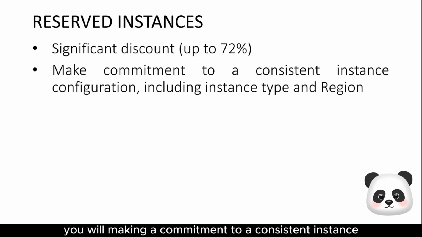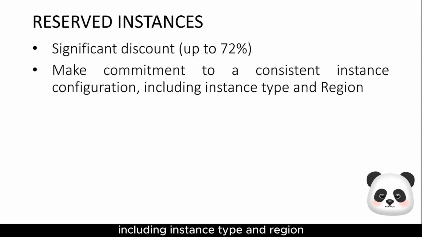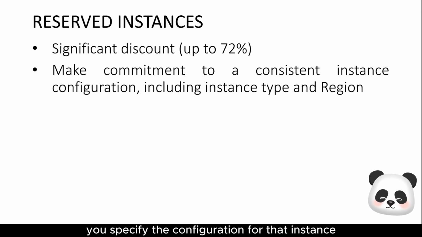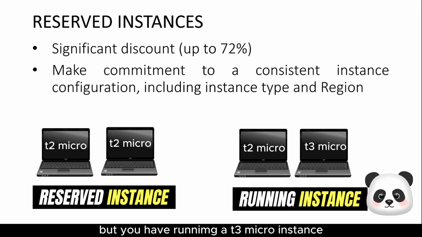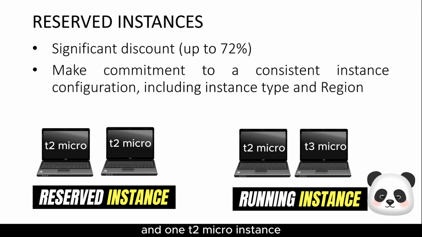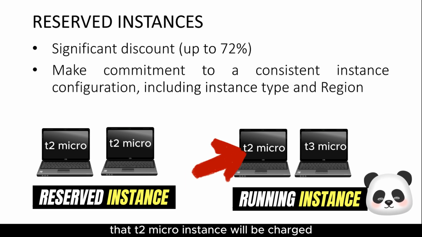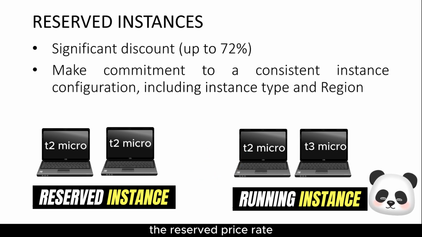You'll be making a commitment to a consistent instance configuration, including instance type and region. So when you reserve an instance, you specify the configuration for that instance. For example, you reserve two T2 micro instances, but you have running a T3 micro instance and one T2 micro instance. That T2 micro instance will be charged the reserved price rate.